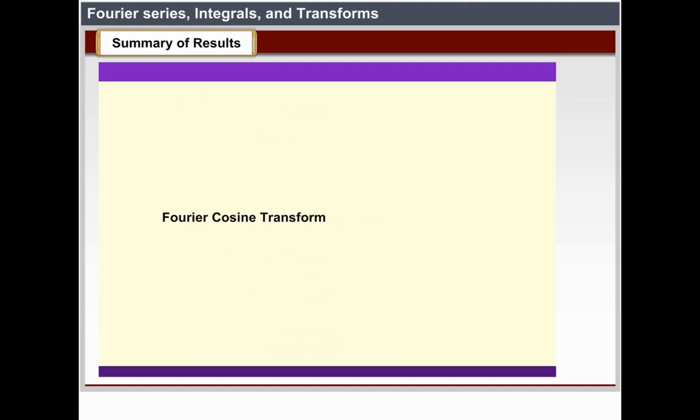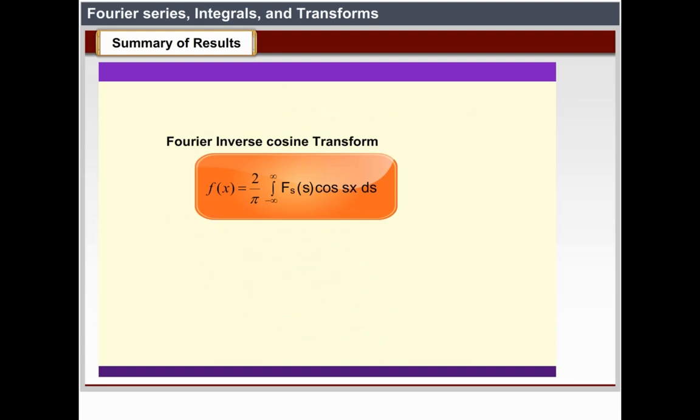Fourier cosine transform: capital Fc of s equal to integral 0 to infinity f of x cos sx into dx. Fourier inverse cosine transform: f of x equal to 2 by pi integral 0 to infinity capital Fc of s into cos sx into ds.